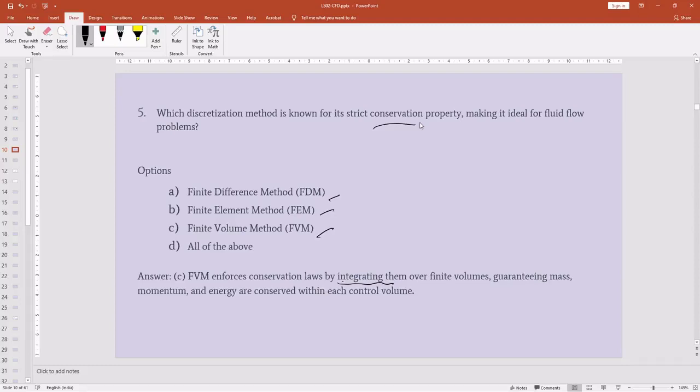The difference between the inlet and outlet flows is what is left inside the volume. By that, it gives a conservation property. It is inherently built into this method.